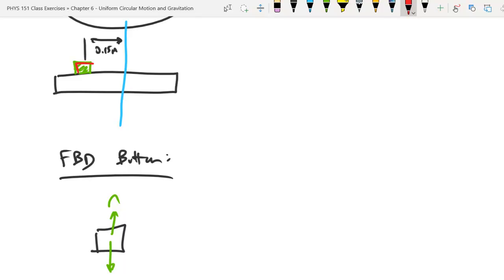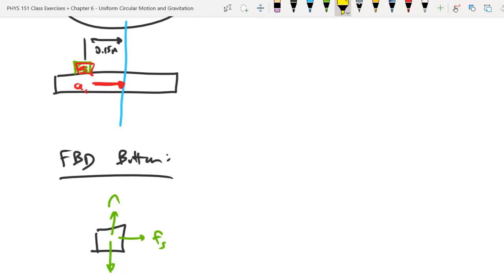If I have to have this thing accelerate towards the center, when I take a snapshot here, the center is to the right, and this must be my centripetal acceleration. And so the only thing I have to provide that centripetal acceleration is the frictional force. So I must have the static friction right here. Okay? I don't have any string attached. I don't have anything else other than just friction to push it towards the center.